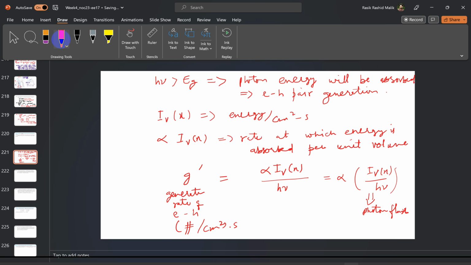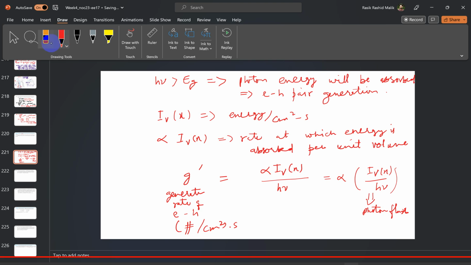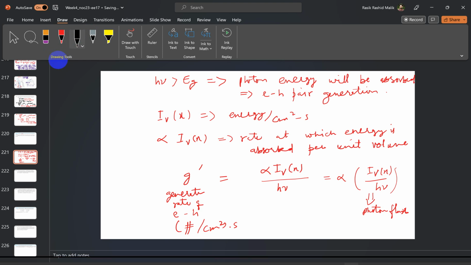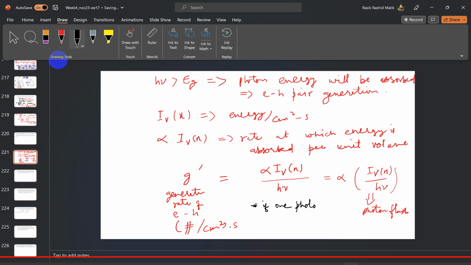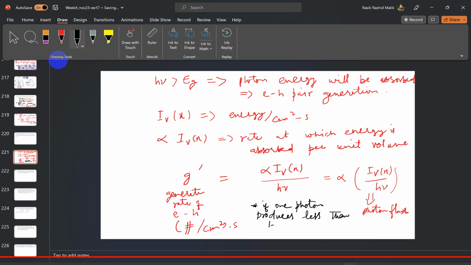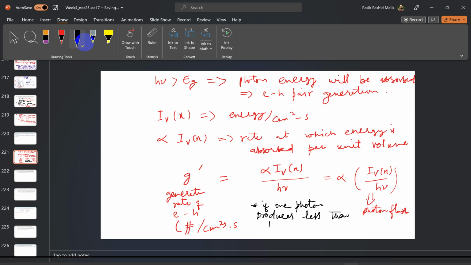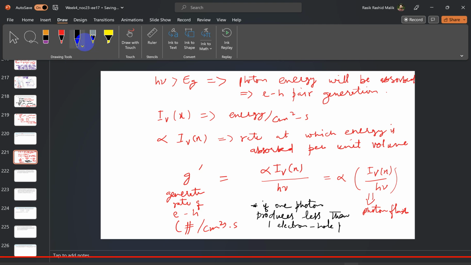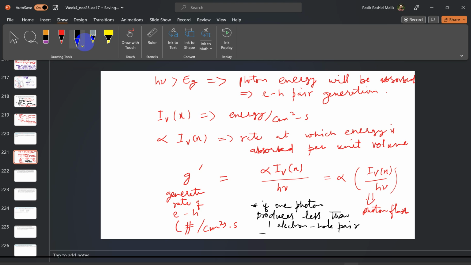But if one absorbed photon produces less than one electron hole pair, then we have to multiply it by the efficiency factor.